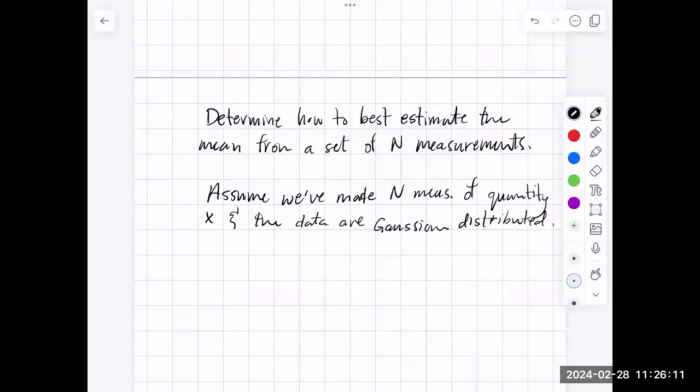Gaussian distributed just means that there's equal probability of finding the result below or above the mean. It's a symmetric distribution, so it means the errors are completely random.